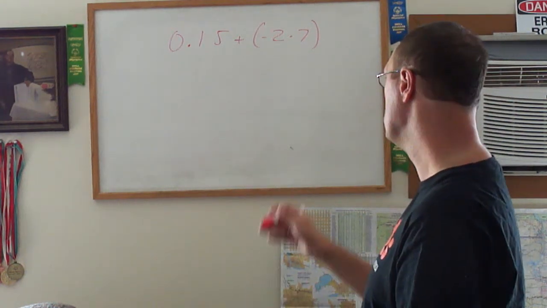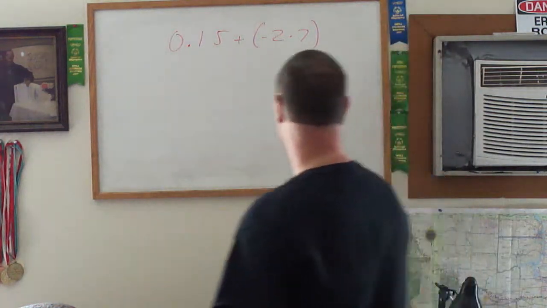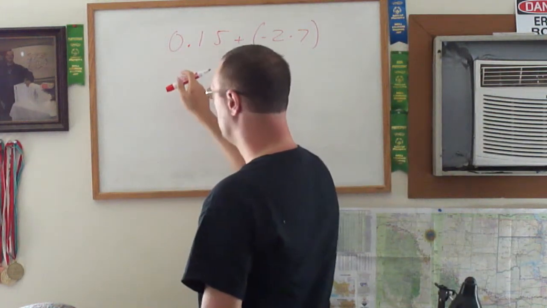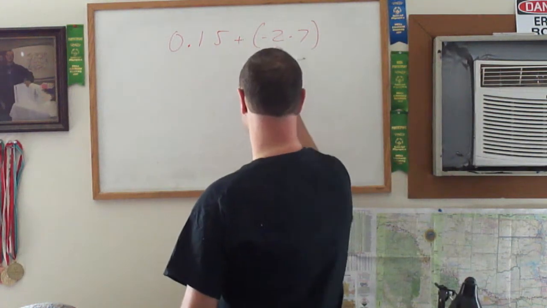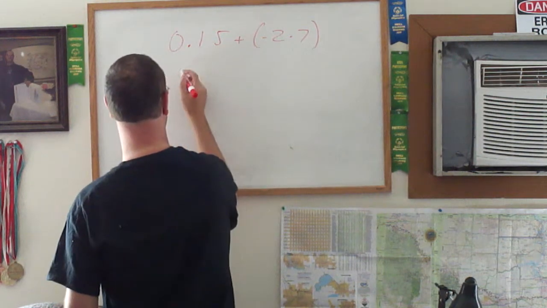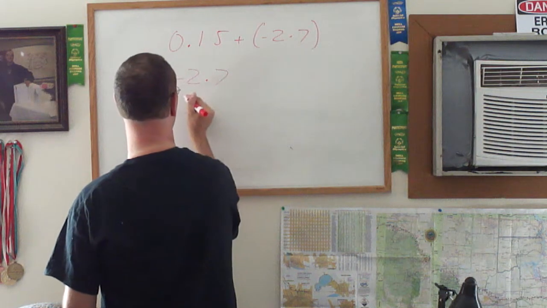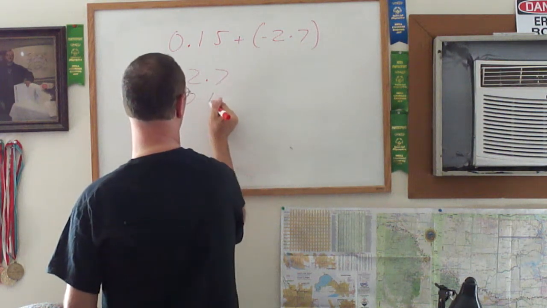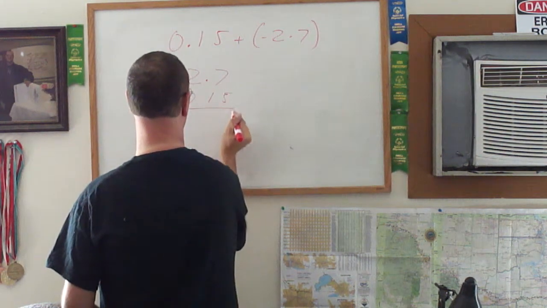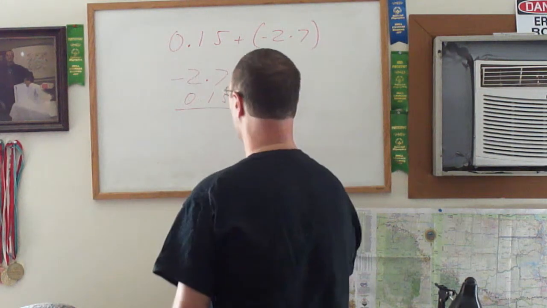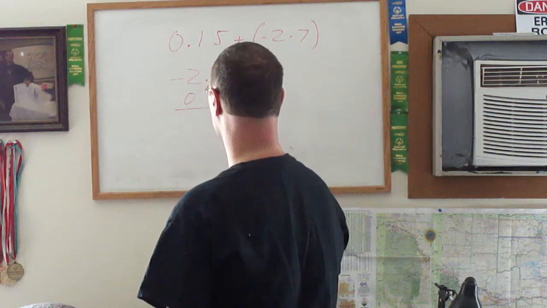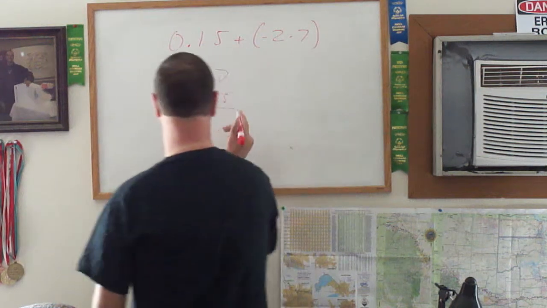In my opinion, I think it's going to be negative because this one is bigger than that one. So negative 2.7 plus 0.15. Now, it'll be subtraction right there.